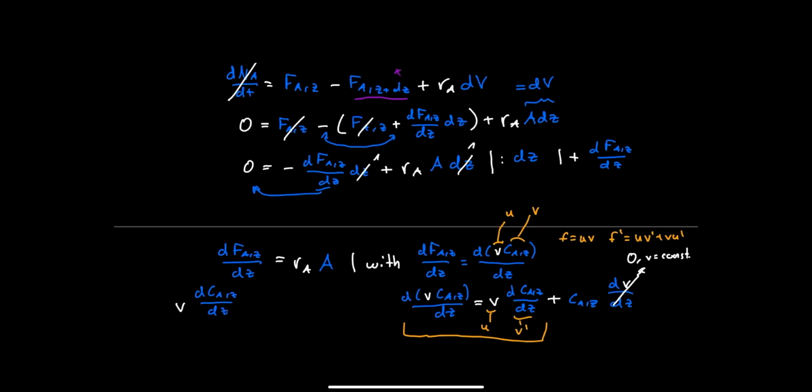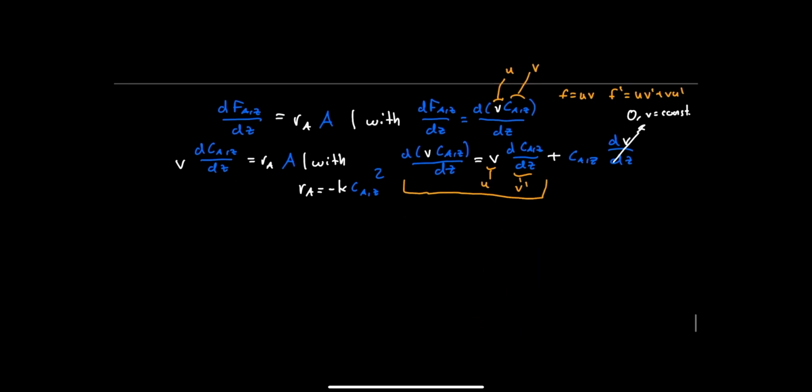This would be equal to the reaction rate of the species A times the cross-section area A. And with the reaction rate A given by the task, which was equal to negative K times the concentration of the species A at position C in this case, squared. So this we will insert in our equation.